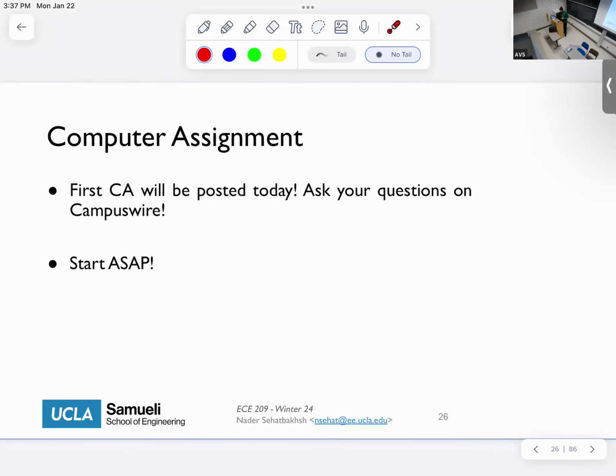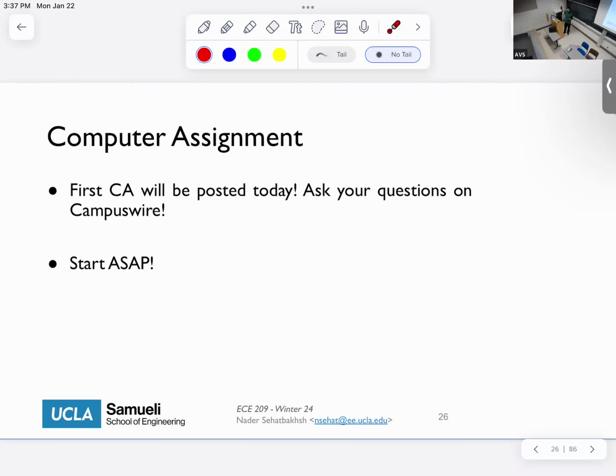Unrelated to sensor security, we're going to post the first computer assignment tonight, hopefully. So please start ASAP. I think we're probably going to set the due dates sometime mid next week, so you should start as soon as possible. It's going to be about cryptography.